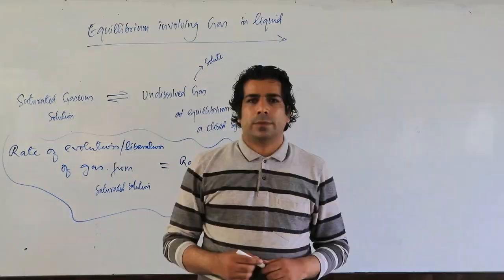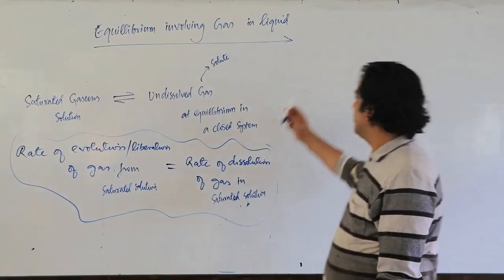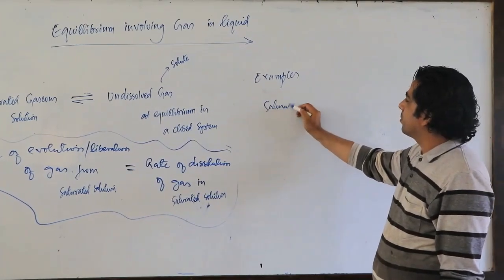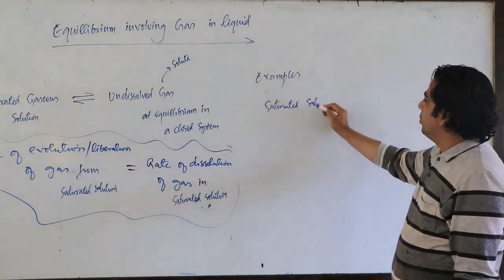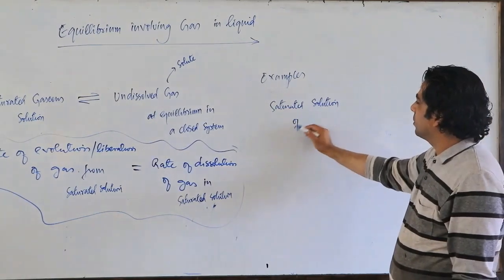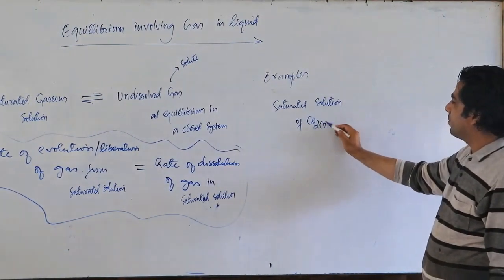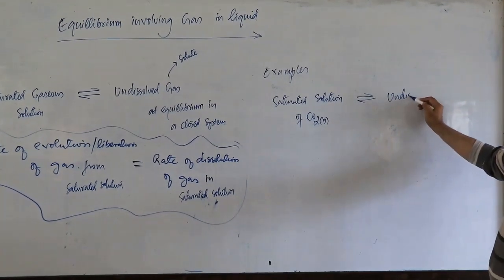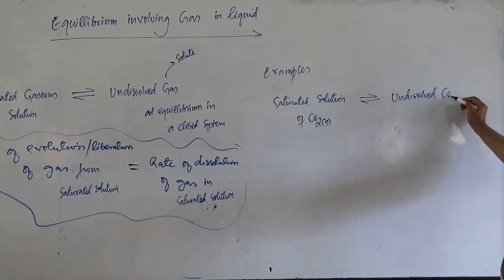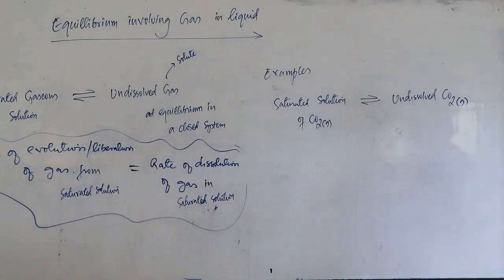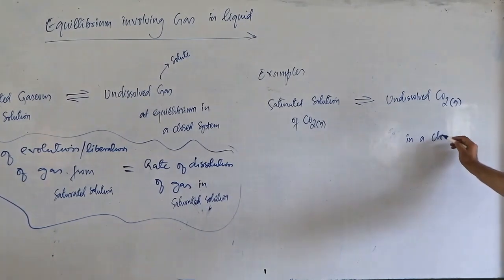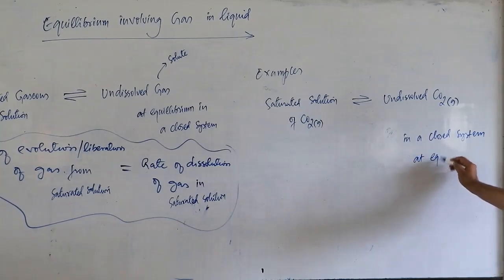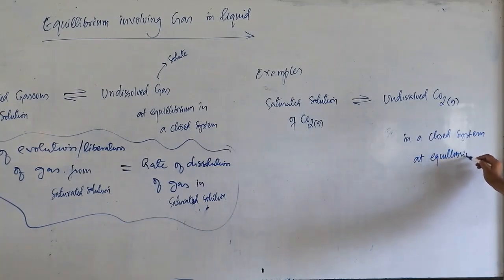Please make note of this. So examples you can take like: saturated solution of carbon dioxide gas will be in equilibrium with undissolved carbon dioxide gas in a closed system at equilibrium, my dear friends.